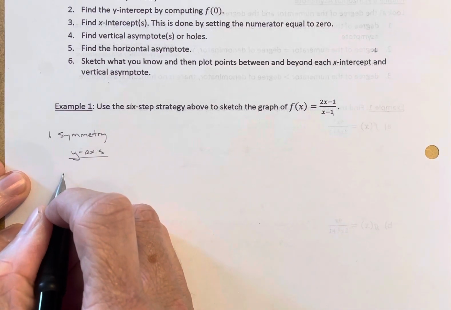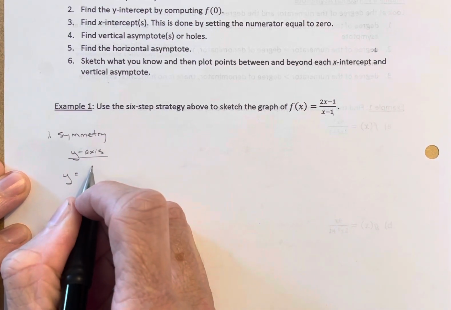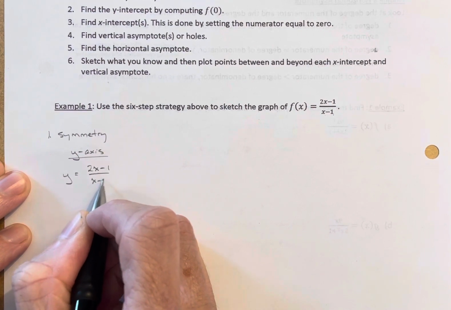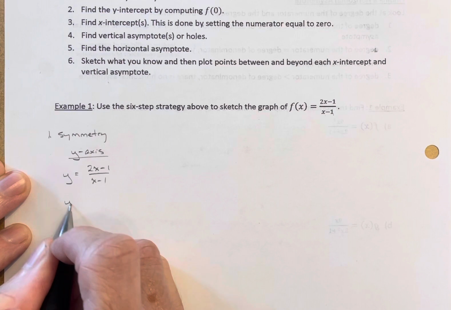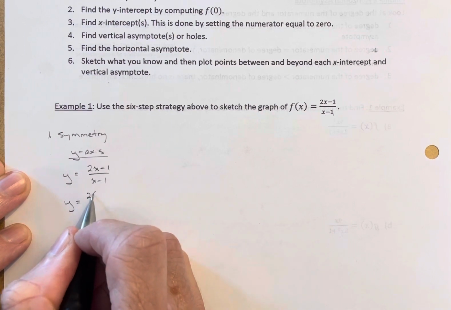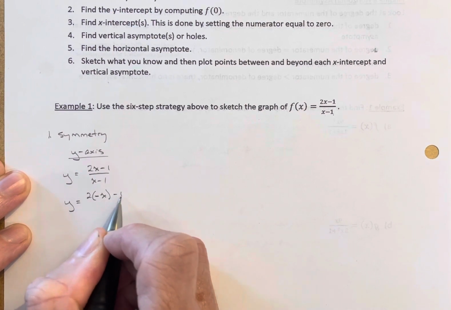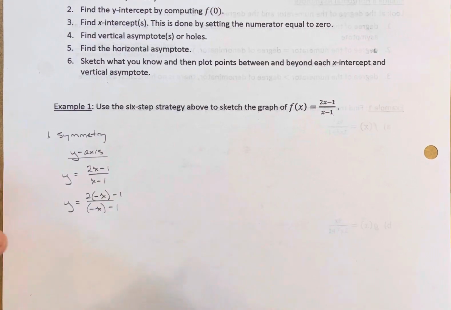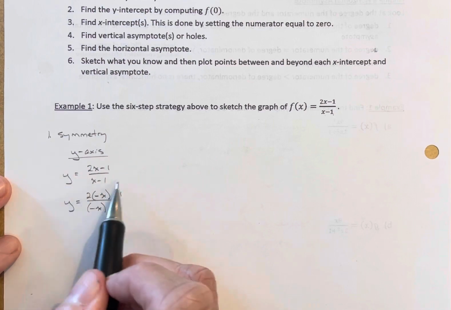Well, as we remember, here's our rational function. To find y-axis symmetry, we substitute x with negative x, and we see if we get the same equation. So here's my original.